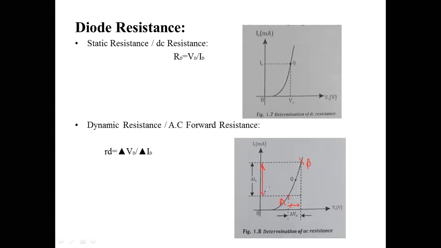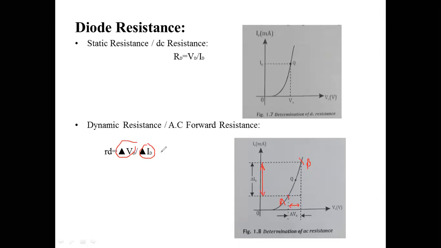Now if I take the difference of these two points, this has some voltage and this has some voltage, the difference will be the change in voltage. Therefore delta VD is the change in voltage and delta ID is the corresponding change in current.